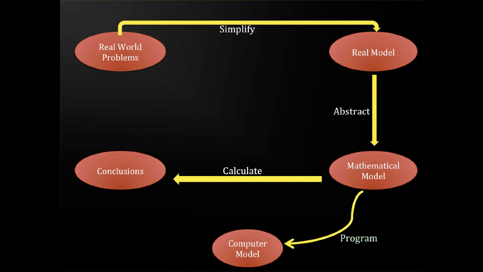Once we have a computer model, we can solve it. How do we solve the computer model? How do we get the conclusions? Yes, we should do the simulation process. Computer model, simulate and give a conclusion. Then finally interpret. So this is the cycle of mathematical modeling.